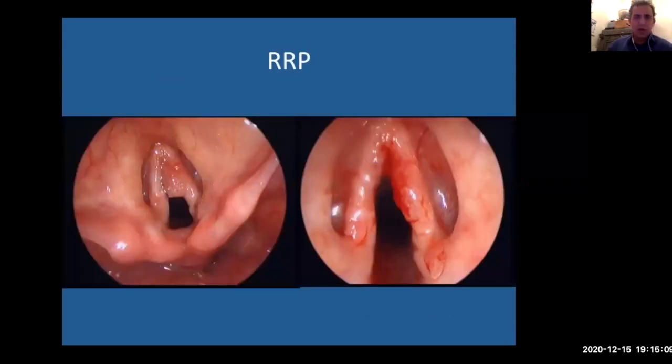So what we hope to end up with is a pre-op picture on the left and a post-op picture on the right, which shows that we've managed to clear the majority of the pedunculated mucosa, but there's still some sessile papilloma left on the posterior third of the right vocal cord there.